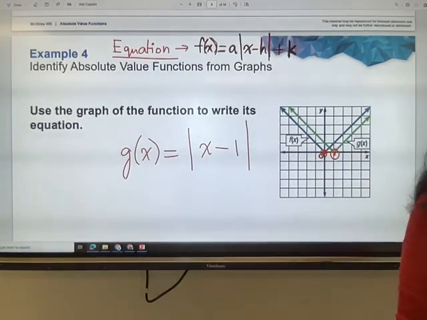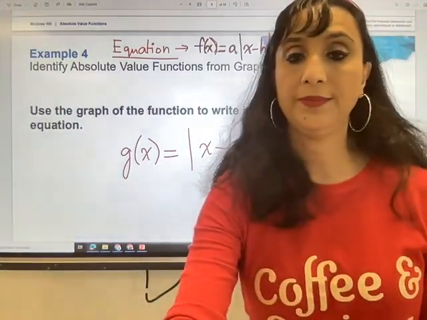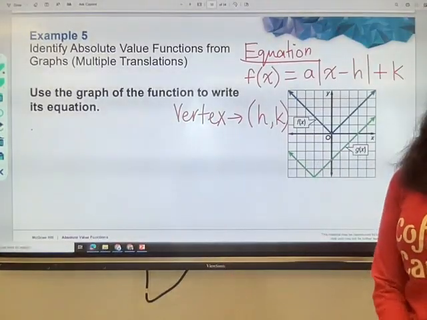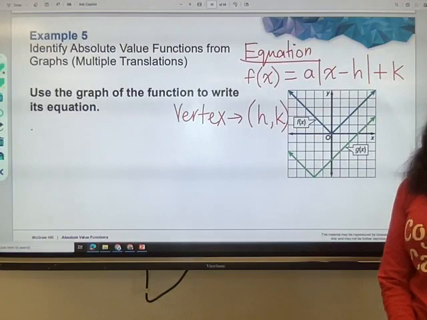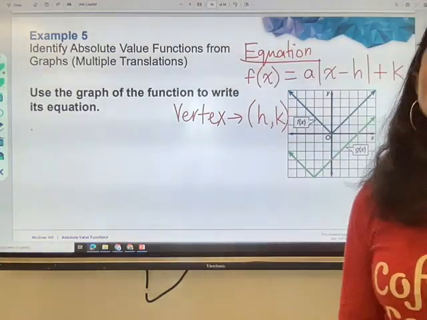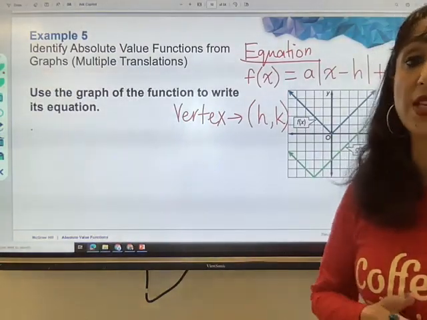Let's try another one. So let's look at this one, and we're identifying the absolute value functions, and we have multiple translations going on over here, and we are using the graph of the function to write its equation.